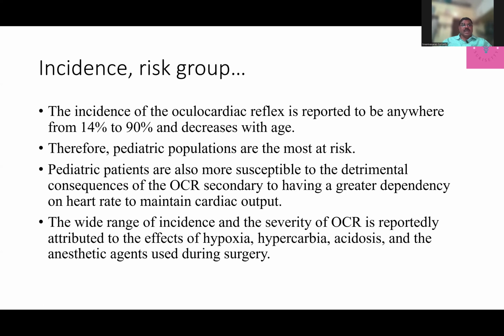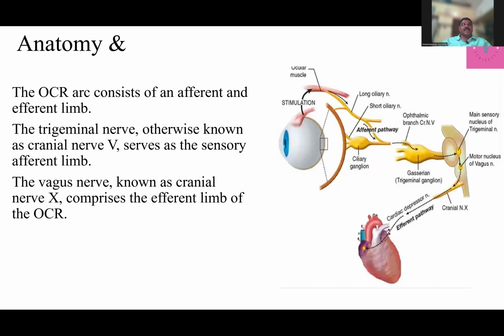So let's come to the anatomy of the oculocardiac reflex. Two limbs are there: one is the afferent limb, the second is the efferent limb. The afferent limb consists of the ocular muscles, the long and short ciliary nerves, which end in the ciliary ganglion, then the ophthalmic branch of the trigeminal nerve, and then the main sensory nucleus, the trigeminal nucleus.